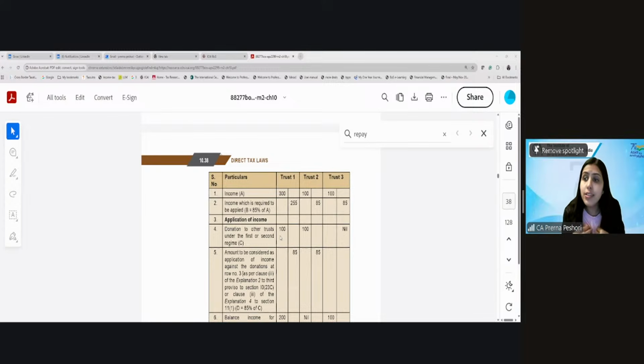But how much does it have in hand to apply? If we consider 85 only as the application, then what will happen? It will be considered as the income of the trust, but it can't apply that for any other purpose because it doesn't have any money in hand. What is the cash money that the trust has? 300 minus 100. Right? 300 is my income, out of which 100 I have given to another trust.